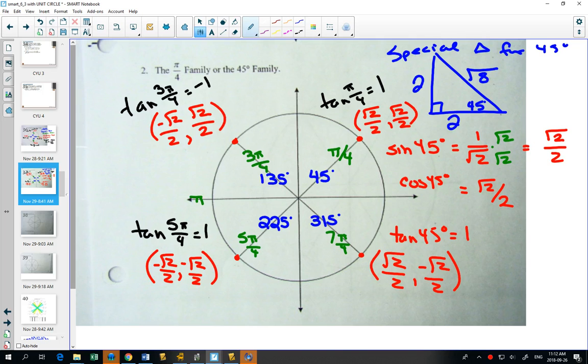It's positive 1. And finally, tan of 7 pi over 4 is equal to 1. And now we can do mental math with the entire pi over 4 family. What is sine of 7 pi over 4?